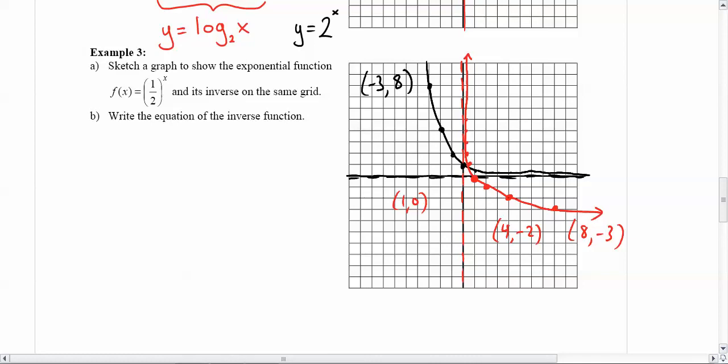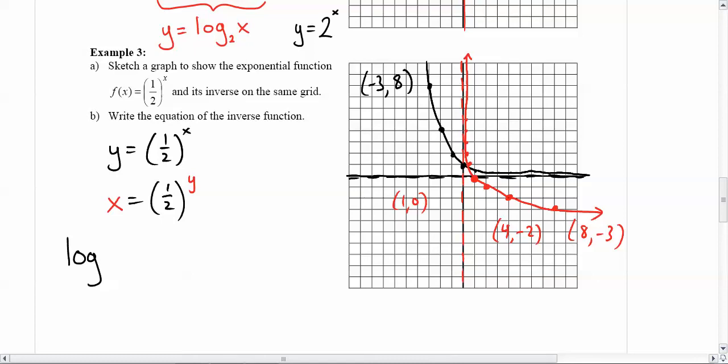So now to find out the equation, we just change the x and the y. That's what an inverse is. That's the equation. There's another way to write this equation. Yes, with a log. Any idea what the base of that log would be? 1/2.